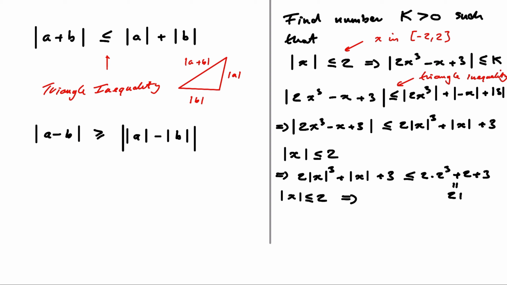It guarantees that my original expression, this here, has to be less than or equal to, well, first of all, I know by the triangle inequality it's less than or equal to this piece. But now this piece is less than 21. So by the transitive property, I know it has to be, well, strictly less than or equal to, 21. So at this point, I'm using the transitive property.